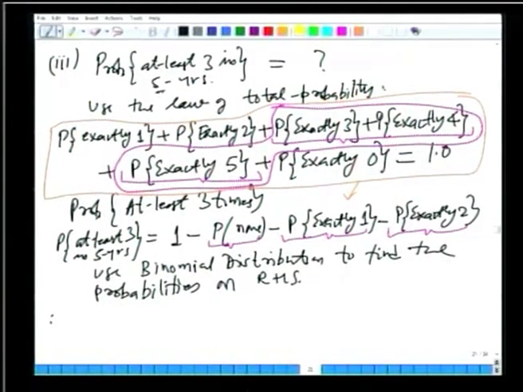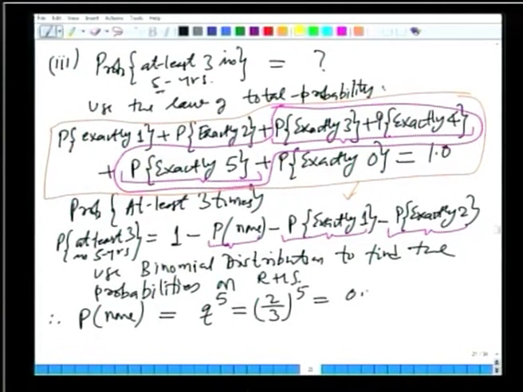All right. So, that means what will be probability of none? It will be q to the power 5 in 5 years, isn't it? This is 0 times in 5 successive years or 5 trials, which is q to the power 5, or what is q? Q is 2/3 to the power of your 5, okay, and that will be 0.13169. Okay.